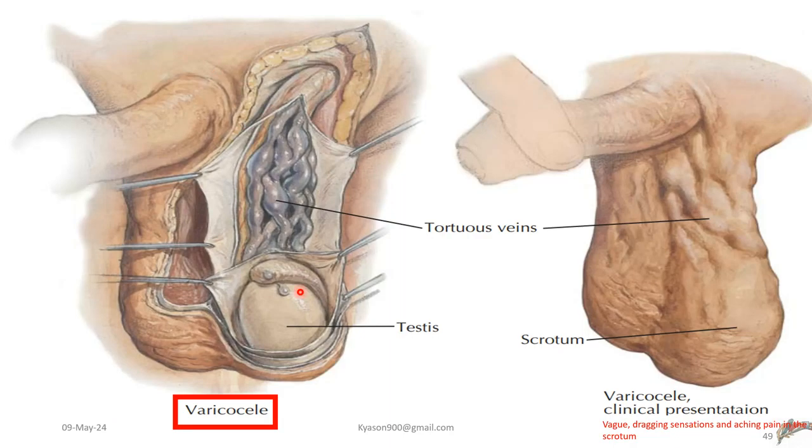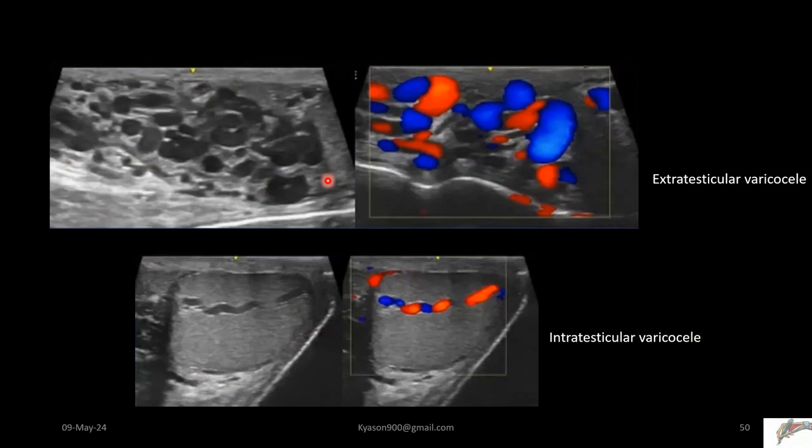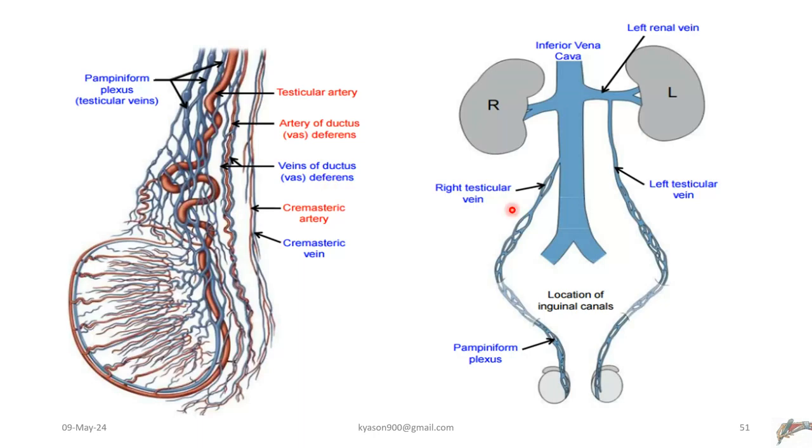Okay, then varicocele. So in varicocele, we say that these patients are going to present with enlarged, tortuous, swollen pampiniform plexus of veins. Okay, and we said that this condition is going to be common on the left testicle or on the left side. Why?